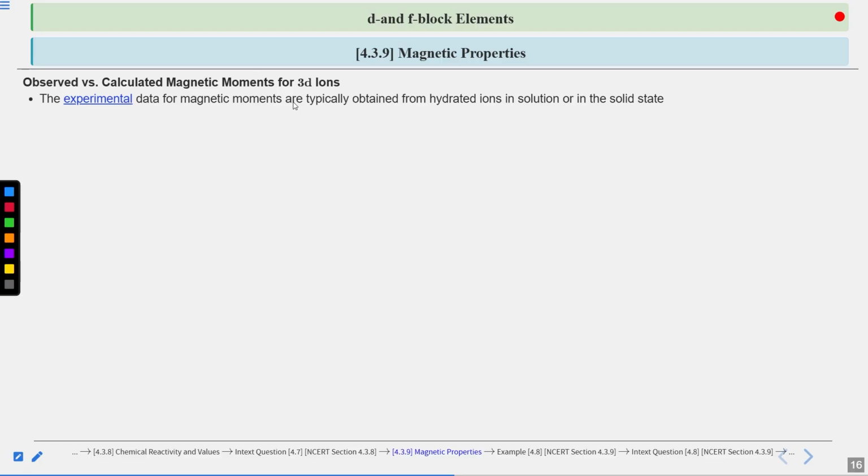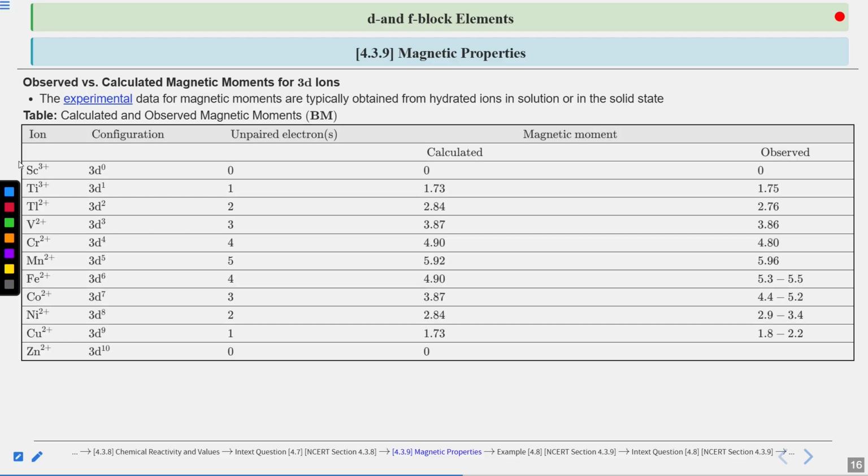So let's see a table where the calculated and the observed magnetic moments are given. In this table, you can see the ions represented for the 3D series, the configuration of their unpaired electrons, and their magnetic moment calculated and observed.